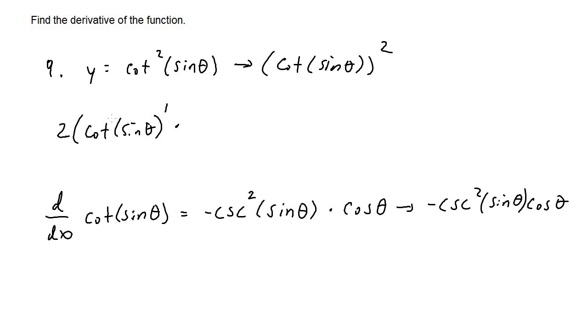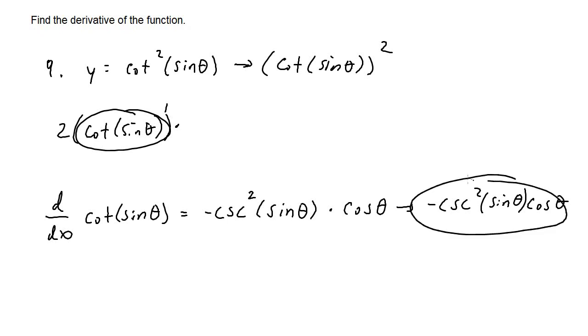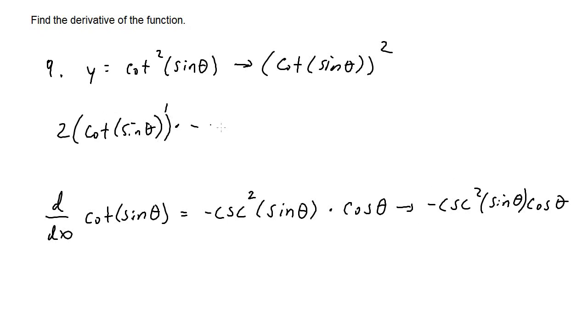So we have 2 times cotangent sine of theta to the first times the derivative of cotangent sine of theta, which we have found to be negative cosecant squared of sine of theta times cosine theta.